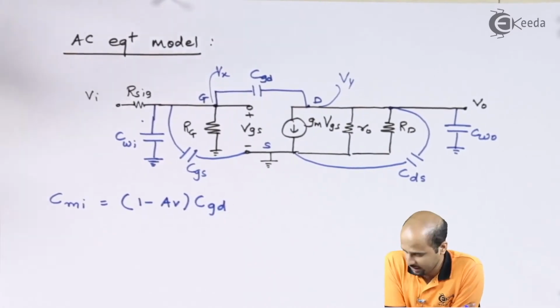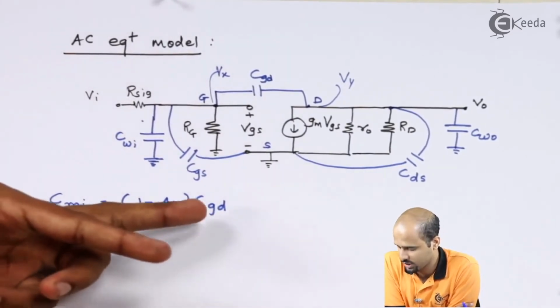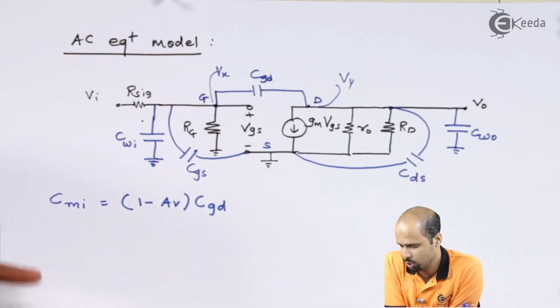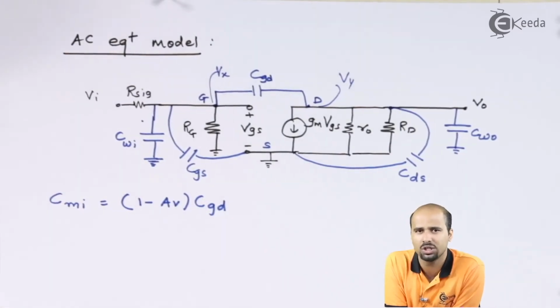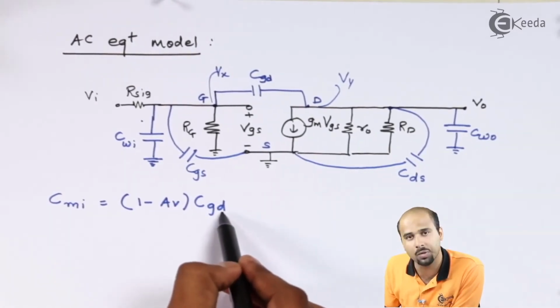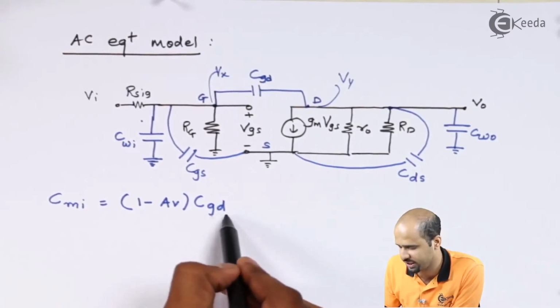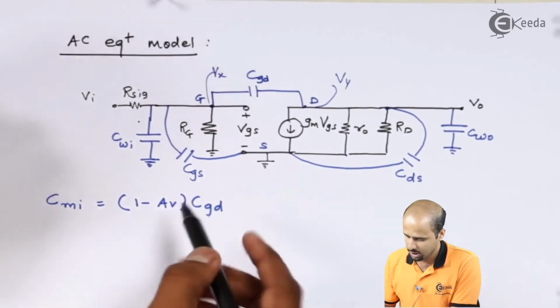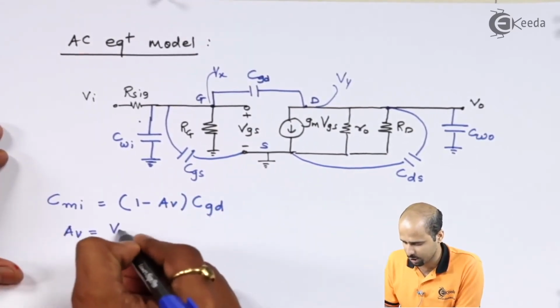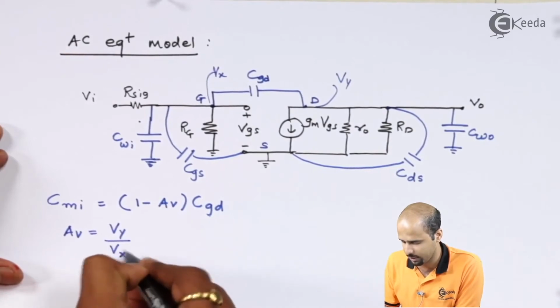In the BJT we learned that we just convert CBC into CMI. Here we just have to change the terminals of the transistor, as base is replaced with gate and collector is replaced by drain. So CGD instead of CBC. CMI is this, where AV is nothing but the ratio of Vy and Vx.